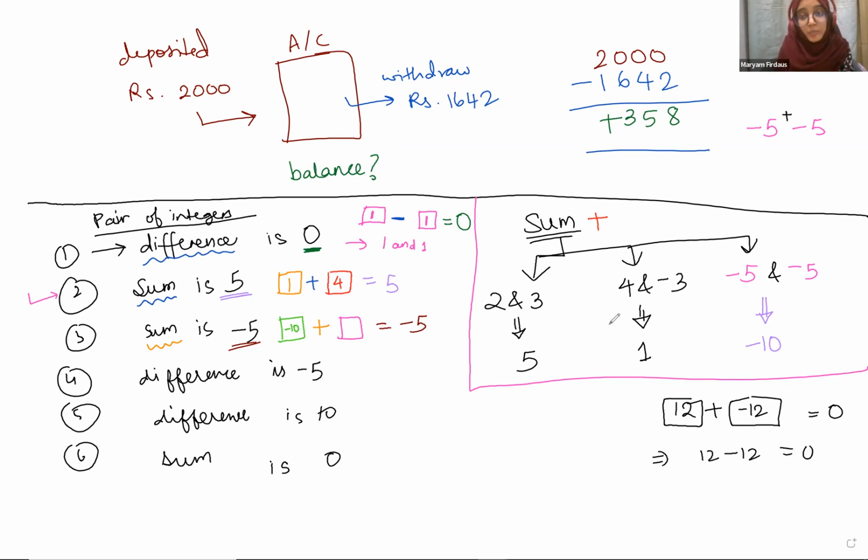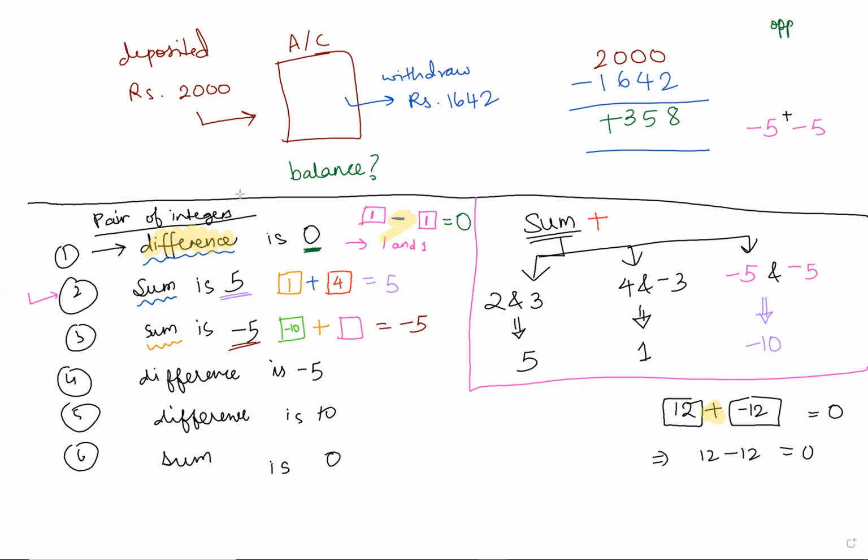But they're not asking you for the sum of two integers is 0. They are saying difference of two integers is 0. You shouldn't have a plus sign over here. You should have a minus sign because it says difference. Did you understand? Yeah.